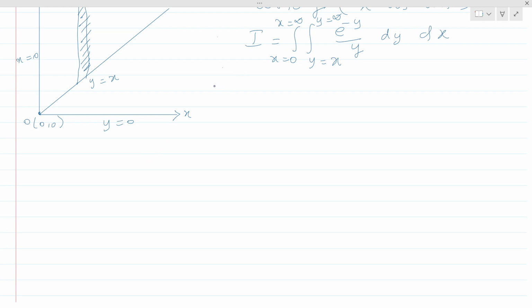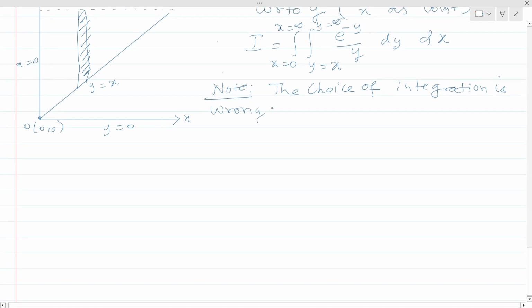So here we can note that the choice of integration is wrong. We are not able to integrate it properly.